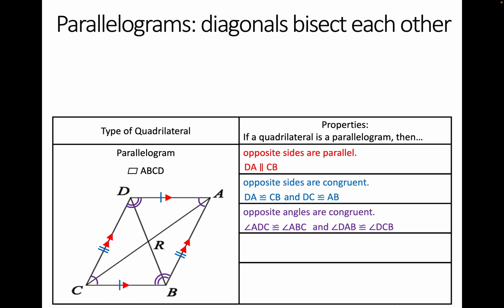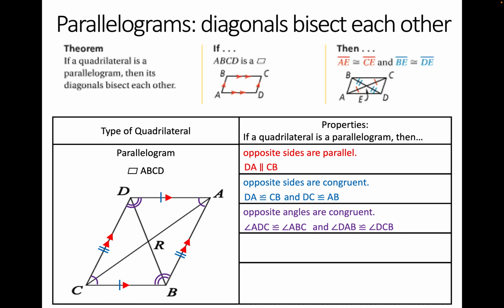All right. Moving on, we see that in parallelograms, diagonals bisect each other. So what that means is that in this diagonal here, DR must be equal to BR because R is the midpoint of DB, because DB is bisected by AC.